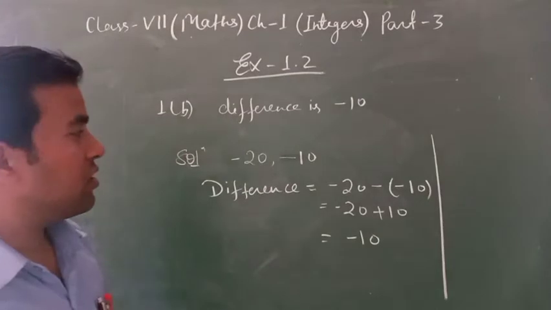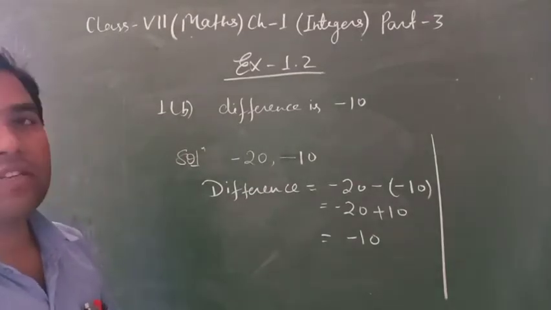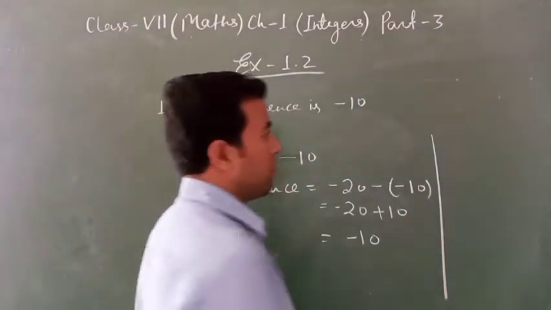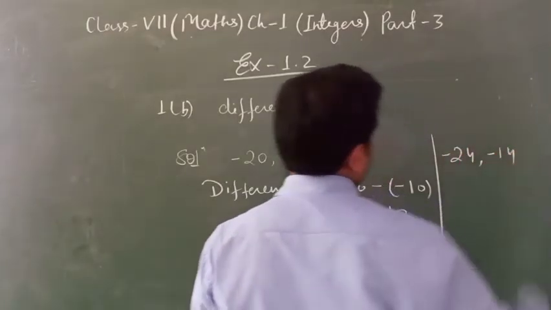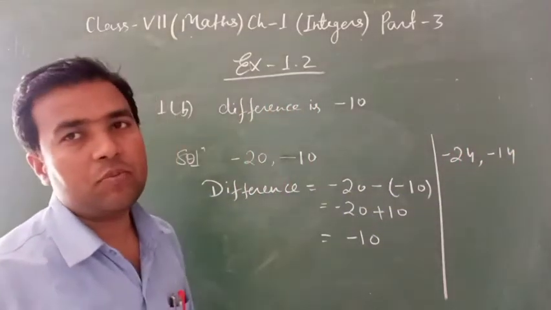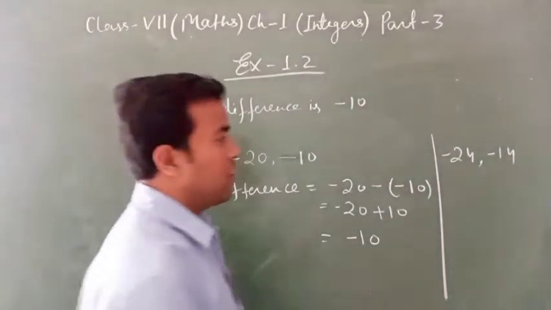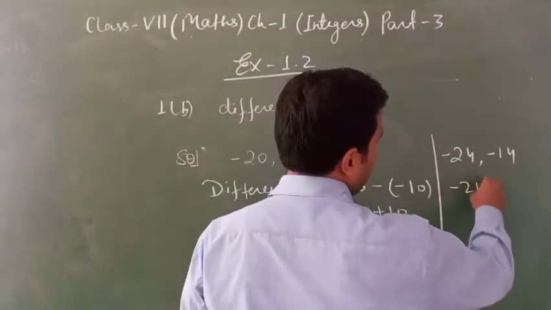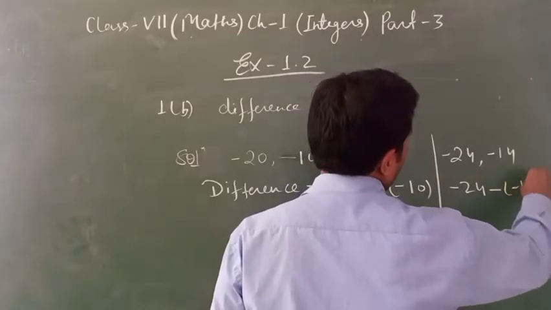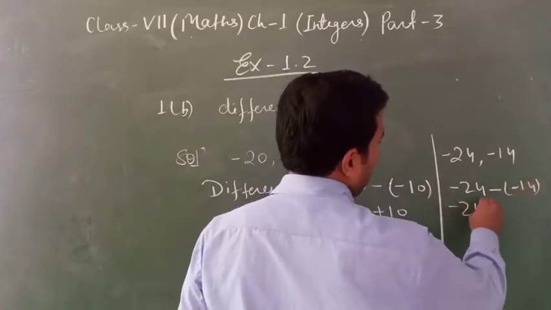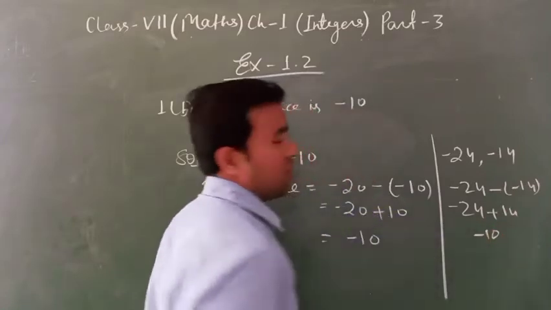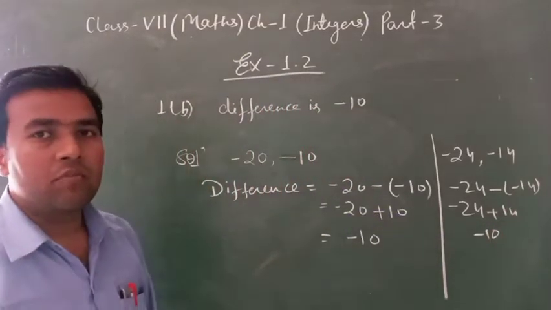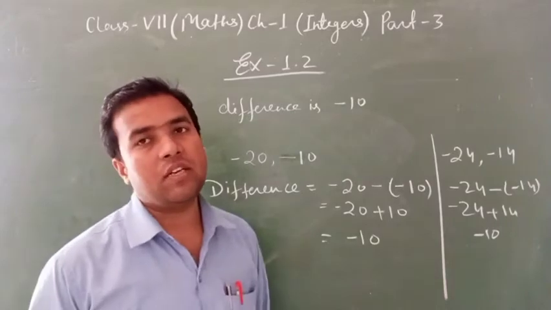Understand? Suppose you want to take any other, -24 and -14. If we are taking -24 and -14, so -24 minus -14 is -24 plus 14, which is -10. Your answer should be -10.